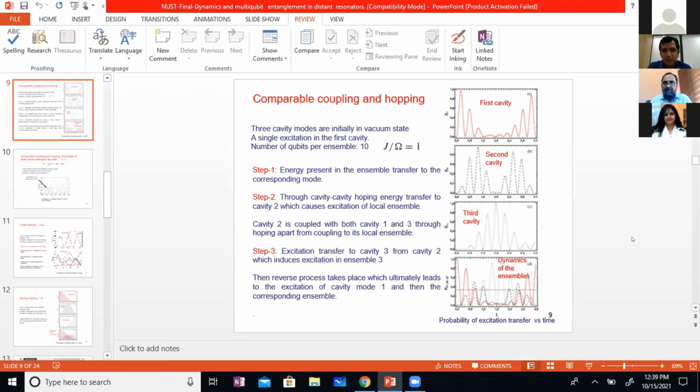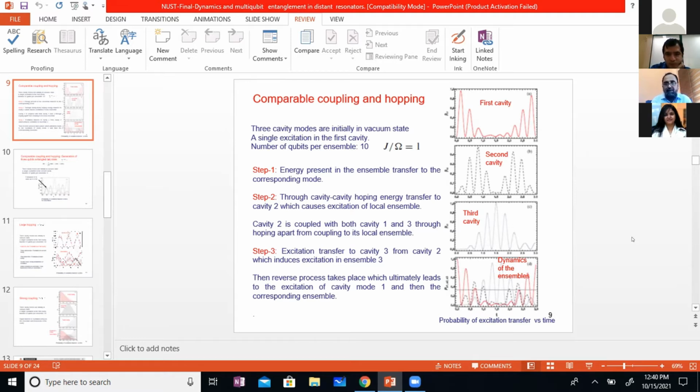So let me again repeat that picture A shows the first cavity evolving in time. The oscillations are decreasing. So it is hopping into the second cavity, and the second cavity is interesting because it is connected with the first and third cavity, right?